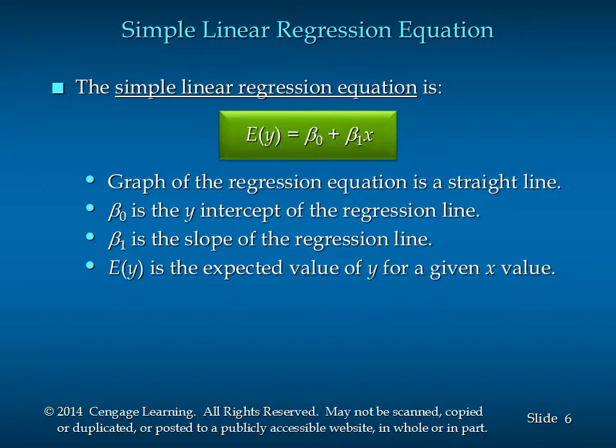B sub 1 is the slope, and the slope is just if you're looking at the top of a mountain and you look down, what do you see? You see a slope, right? If you're at the bottom of the hill and you're looking up, you see a slope. Now, is the slope positive or negative? That's going to be important as well because remember we talked about whether there's a positive or negative correlation between two numbers.